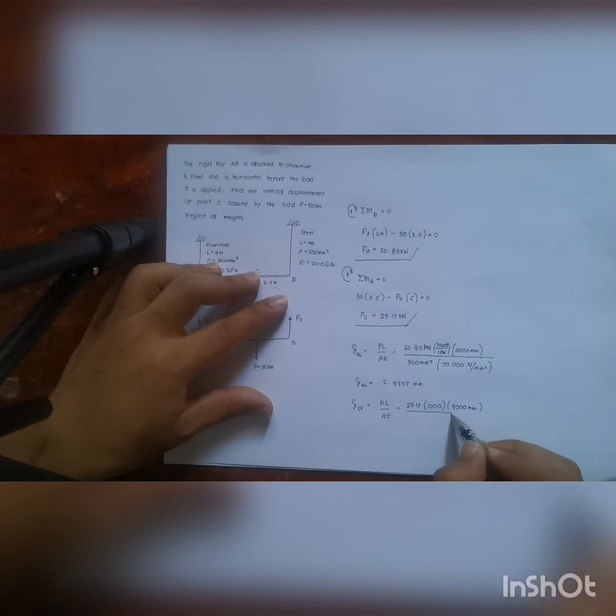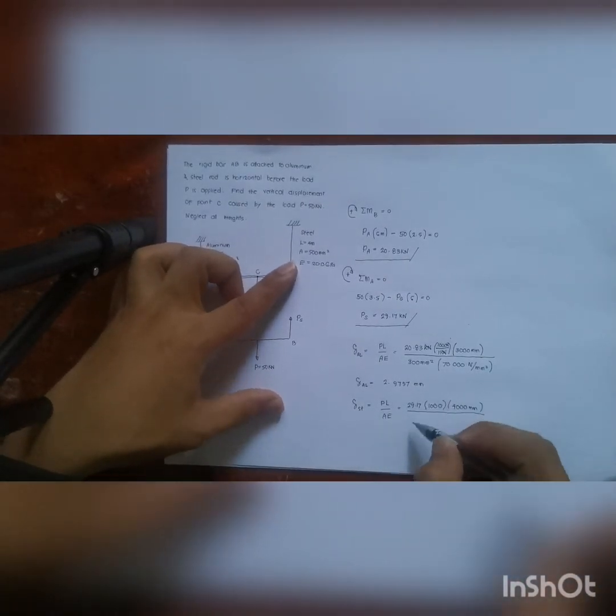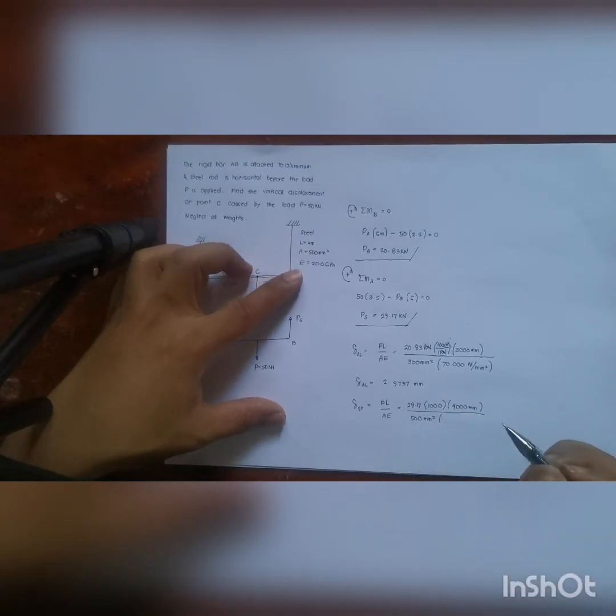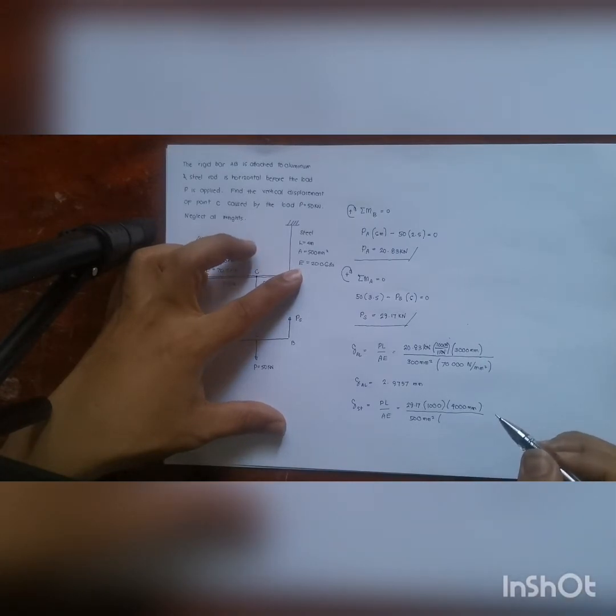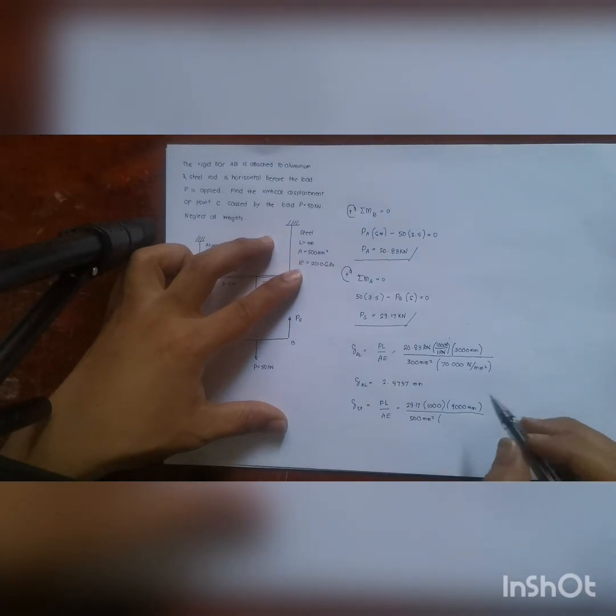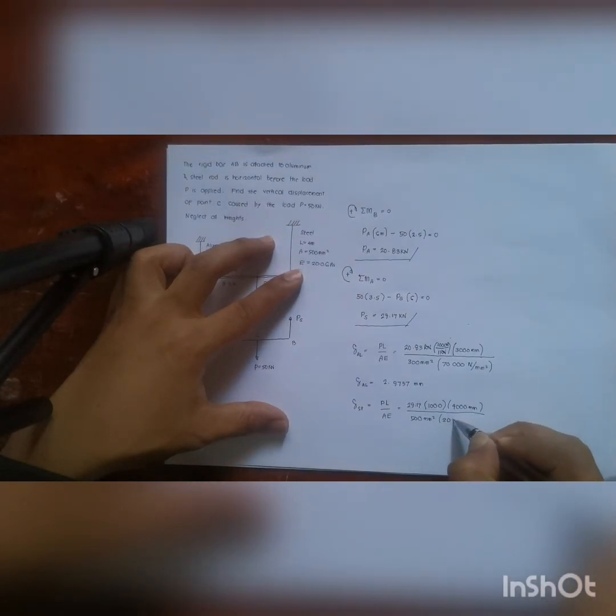And then, over the area of the steel, which is 500 square millimeters, multiplied by the modulus of elasticity in steel, 200 gigapascal. Ang 200 gigapascal ay 200,000 or 200 times 10 raised to 3 megapascal. Dahil ang megapascal ay newton per mm squared. So, substituting 200,000 megapascal newton per mm squared.